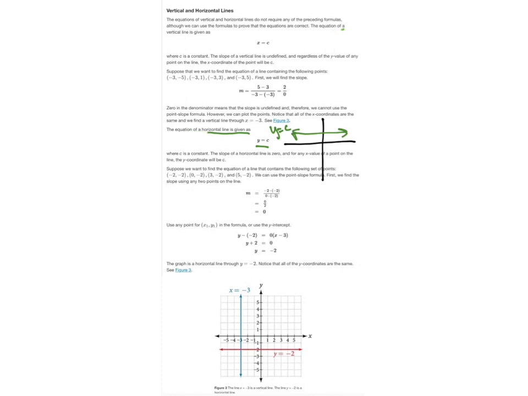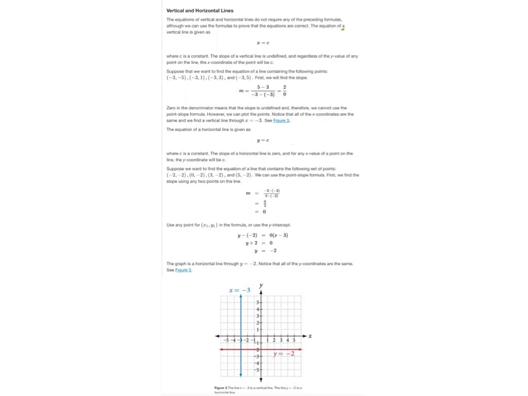Also in the book, they go through finding the slope of both kinds of lines. If I do y2 minus y1 over x2 minus x1 for a horizontal line, I end up with y equals 0. If I plug that into slope-intercept form or point slope form, all I'm left with is y equals my number. So on the homework, they just give you 2 points and you figure it out?